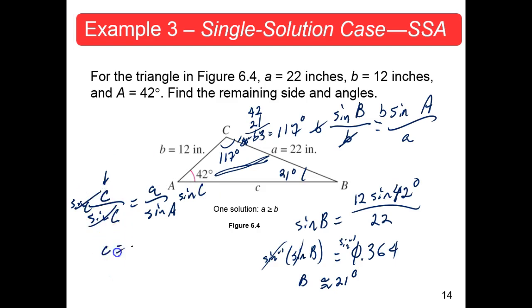So you have little c is equal to a sine capital C over sine A. But we know what little a is. 22 sine of 21 degrees divided by sine of 42 degrees. Now punch that in and see what you get. Be sure you're in degree mode.